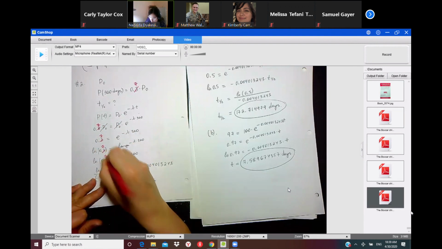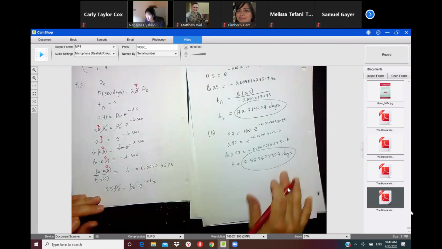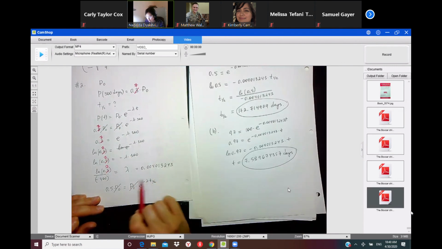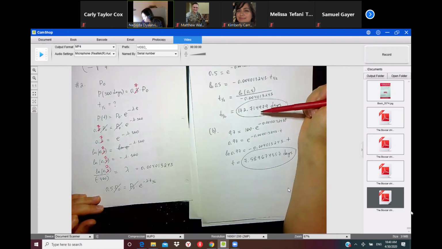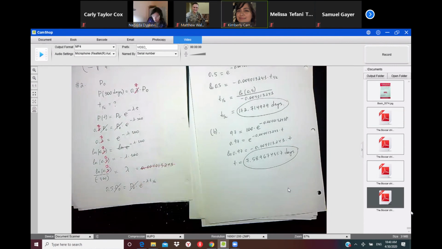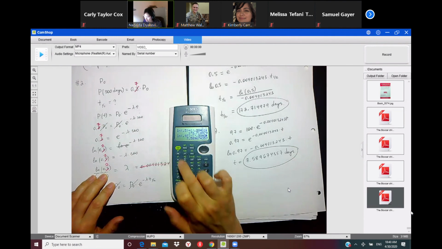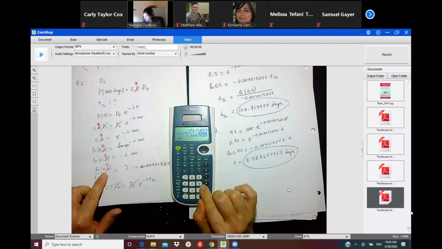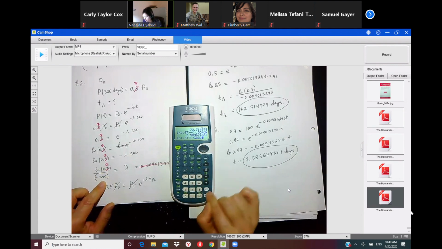Again, I wish you spoke earlier because the entire problem all the way down to the end is wrong, because your lambda is wrong. And we use lambda over here, right? Yeah, we will have to redo this. I apologize. So I'm changing my number: ln of 0.7 divided by negative 300.